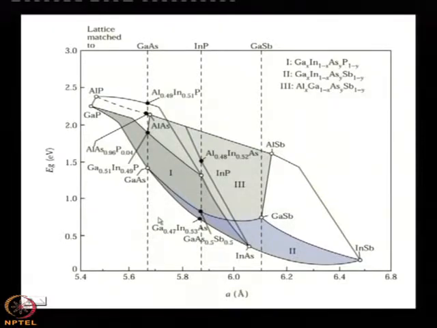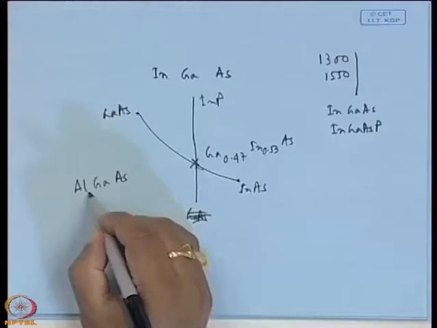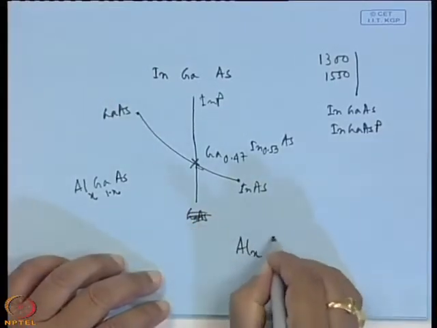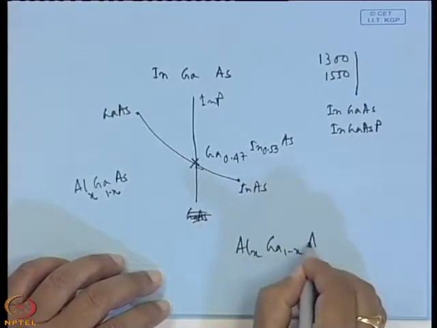Since the lattice constant of gallium arsenide and aluminum arsenide is same, you can grow any composition on gallium arsenide substrate, because aluminum arsenide substrate is not available. Substrate is gallium arsenide, and since the lattice constant is very close, you can grow theoretically any composition of aluminum X gallium 1 minus X arsenic.